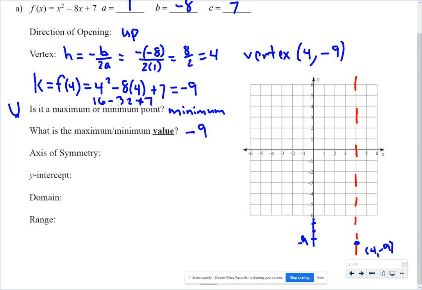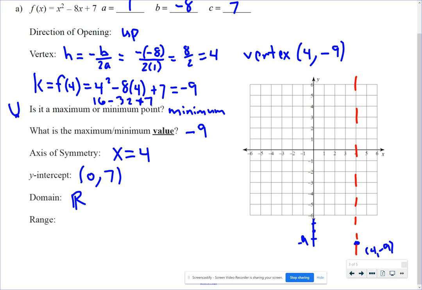It happens when x is 4, but the minimum value is -9. Axis of symmetry. Vertical line through the vertex, x equals 4. Y-intercept. We plug in 0 for x into that function. We get a y value of 7. Remember, the y-intercept happens at C. Domain is going to be all real numbers. We'll just use the capital R because it's convenient with the extra little line.